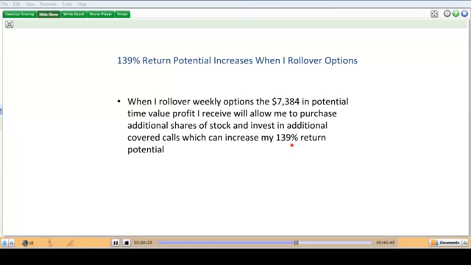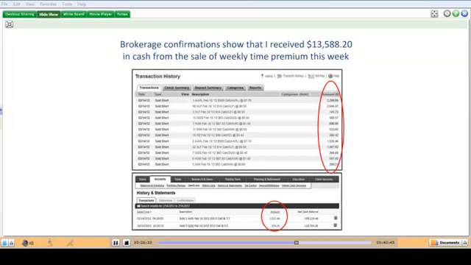So let's just look at a sample of a couple of weeks, and the amount of premium I collected. This week, I collected $13,588 in cash from the sale of weekly time premiums, and this column right here lists the amount of cash that's credited to my account after commission.